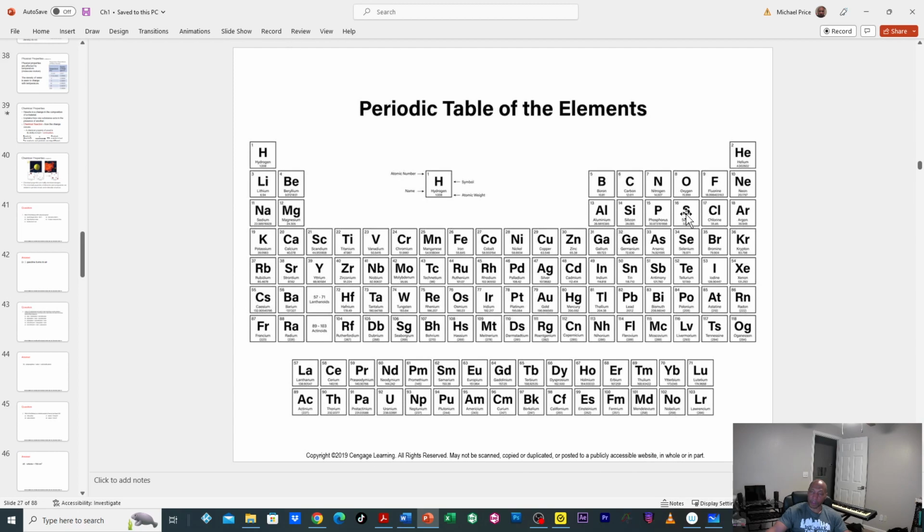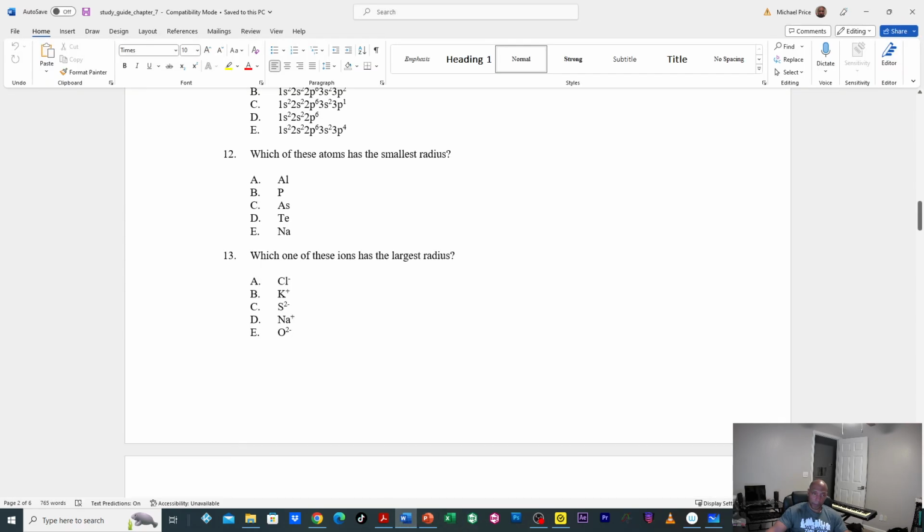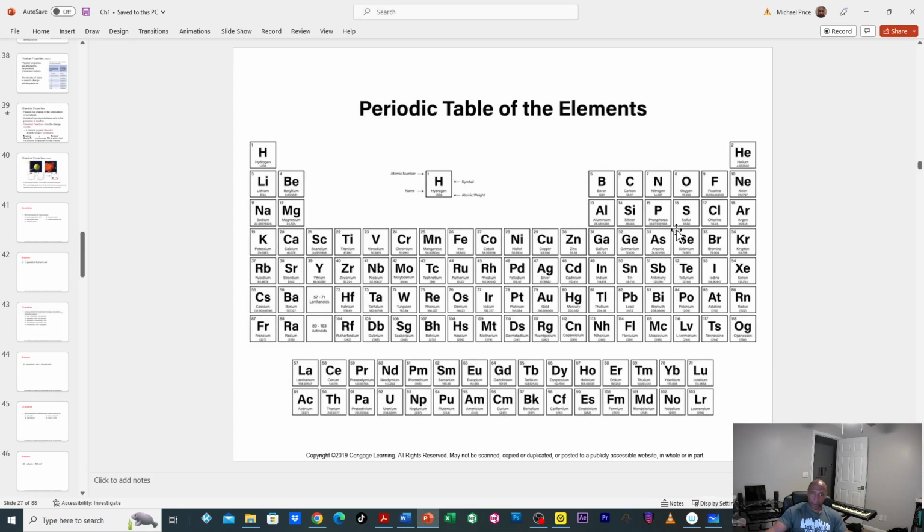So chloride would be larger than the potassium cation. Then I compare chloride to sulfide 2 minus. Sulfide 2 minus has the same argon electron configuration, but it has a -2 charge compared to the -1 of chloride. So the sulfide is going to be larger.